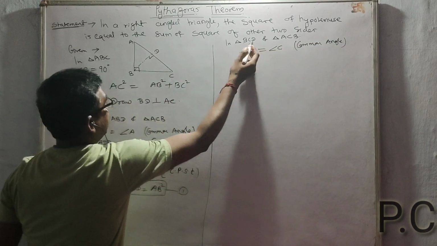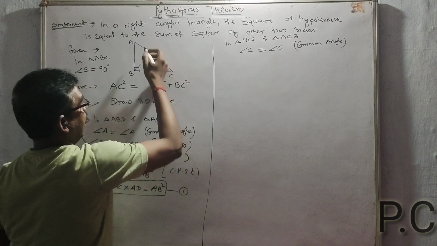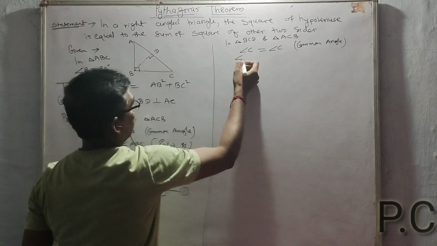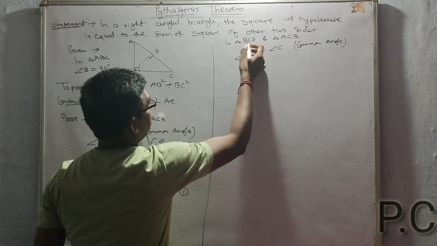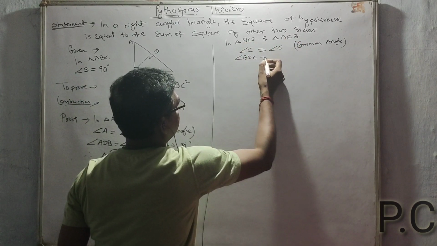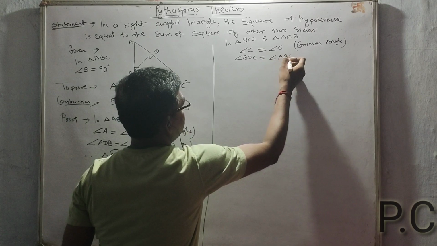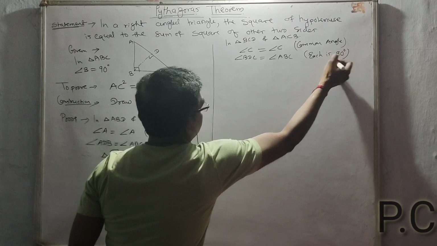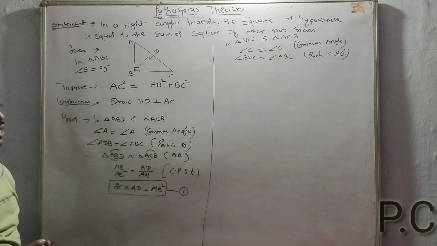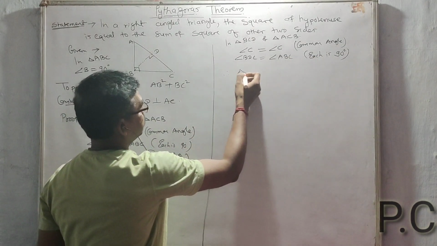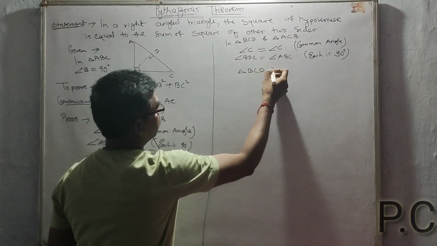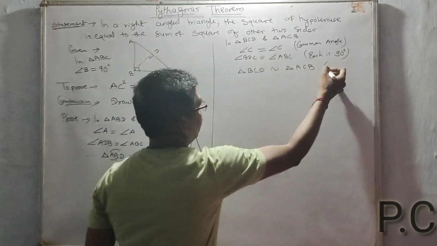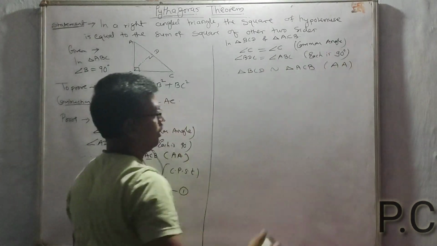And angle BDC and angle ABC, because each is 90 degree. Hence, these two triangles are similar. By which criteria? Again, AA criteria, angle criteria.